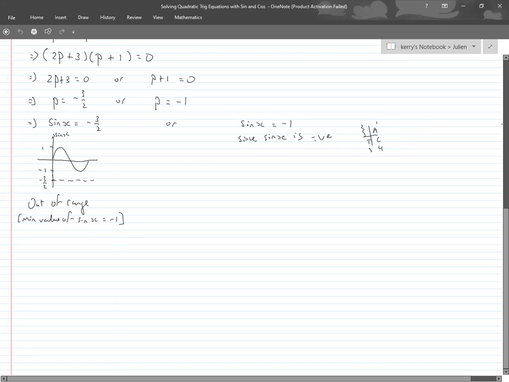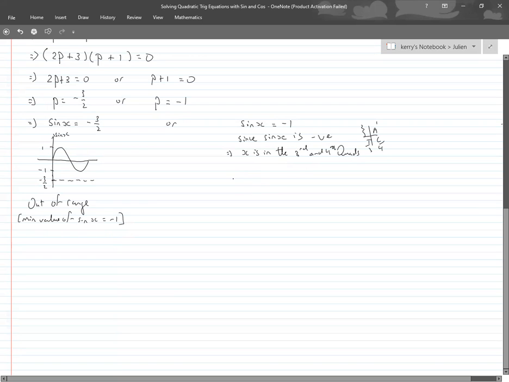So since sine is negative, you look for where sine is not positive, so that will be in the third and fourth quadrants. Because it's two solutions, x is in the third and fourth quadrants.